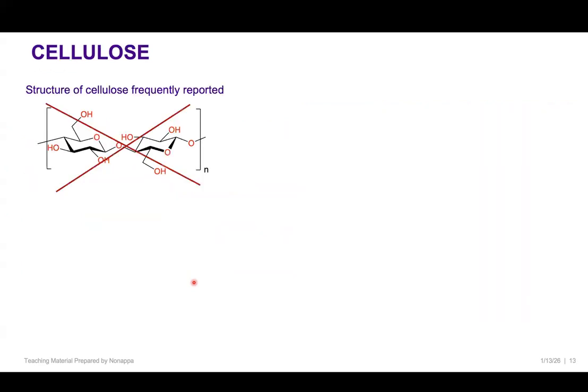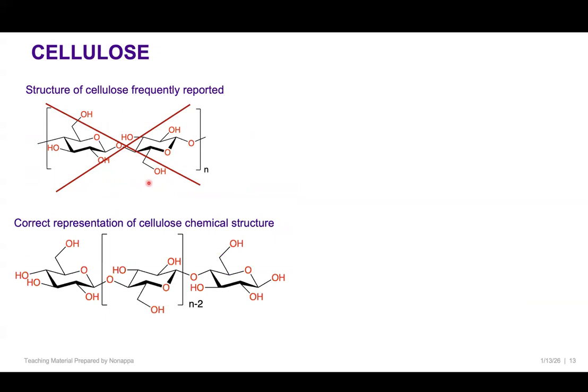Now, the majority of you might have seen the structural representation of cellulose as a polymer with the repeating unit of cellobiose. However, this is not true. The reason is cellulose is a long chain. It also has a non-reducing end and a reducing end.